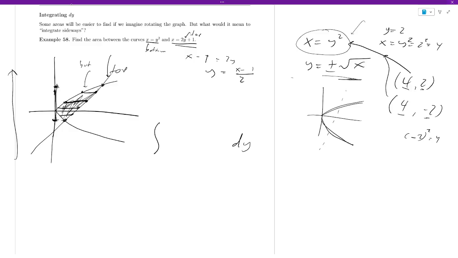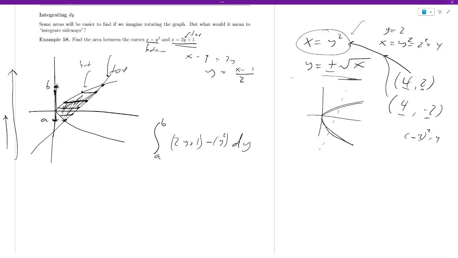So I can integrate this dy by using the equations, taking the parts that have y in them. I'm going from x equals 2y plus 1 as my top function, minus x equals y squared as my bottom function. And for my a and b, I'll be going from the first point as I move on this y-axis to the second point. So it's a little weird. You kind of have to turn your head sideways, but it's often useful to integrate this way.